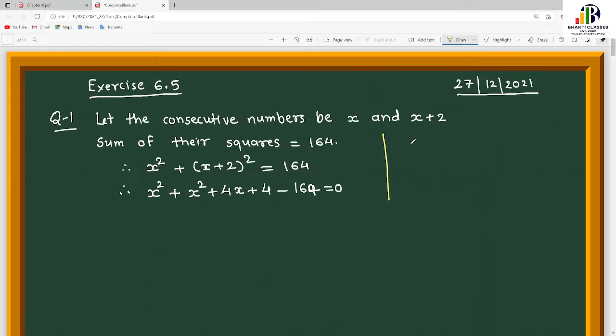We have a formula: x plus y the whole square is equal to x square plus 2xy plus y square, and we applied this formula over here.